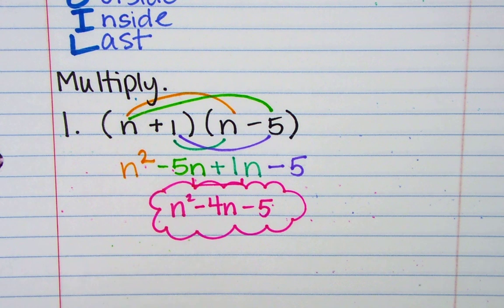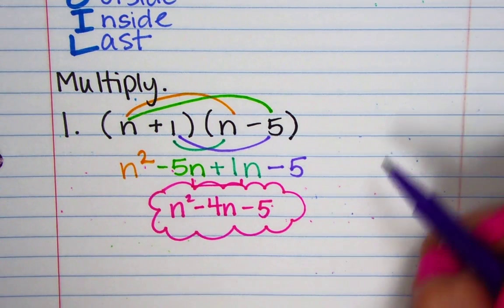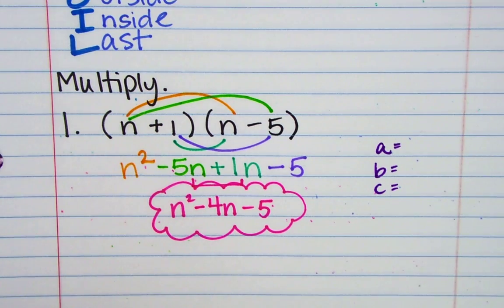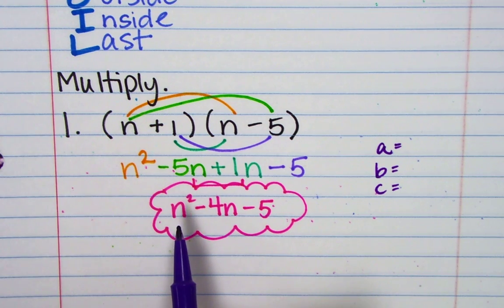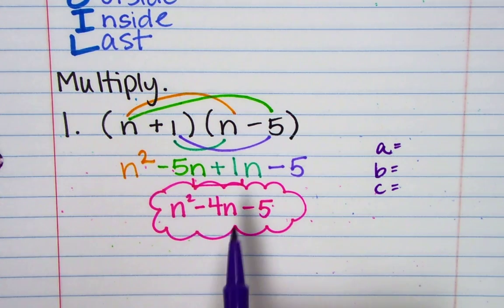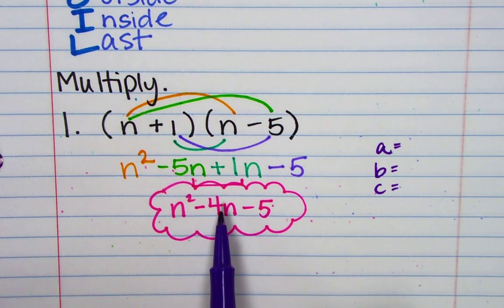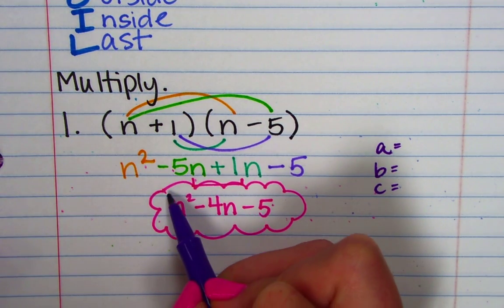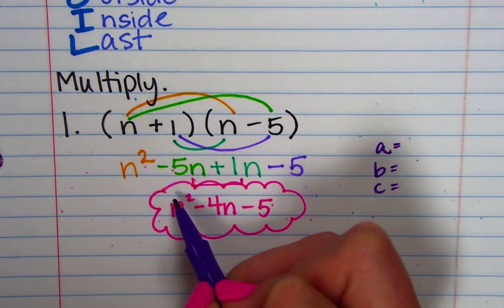Now we're going to identify a couple of other things on here. Again, you might remember this from Algebra 1. We're going to identify a, b, and c. When it's n squared plus a number times n plus a constant, or x squared plus a number times x plus a constant, the number in front of the square term is a.